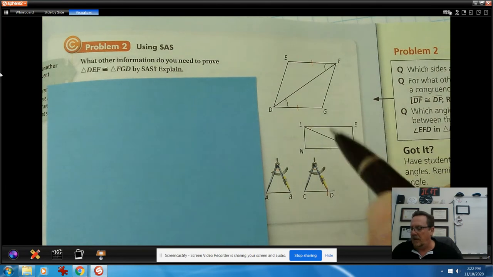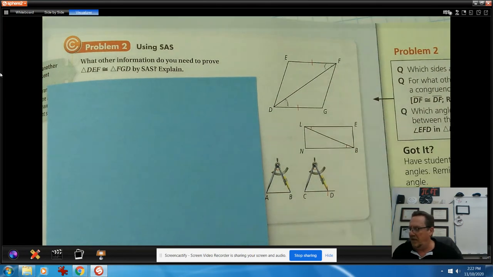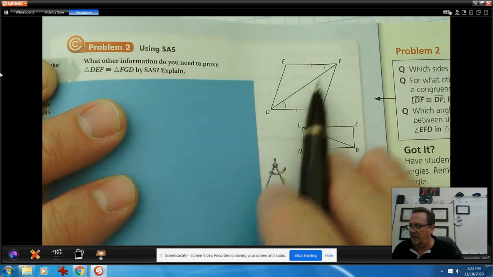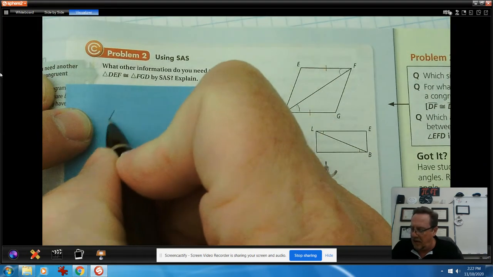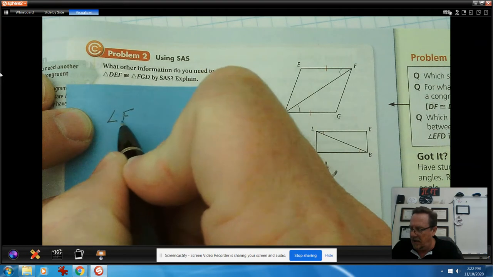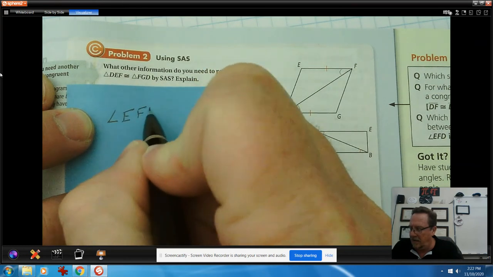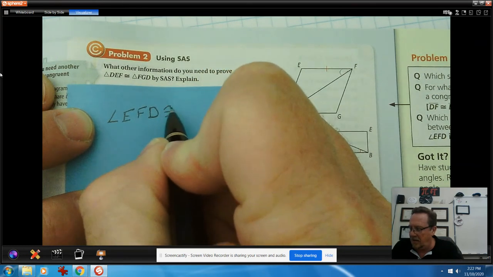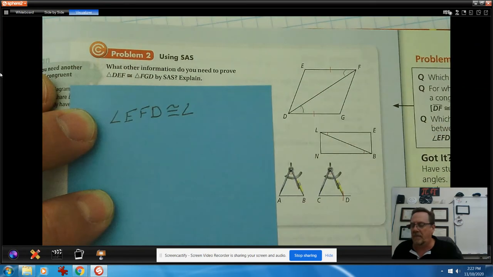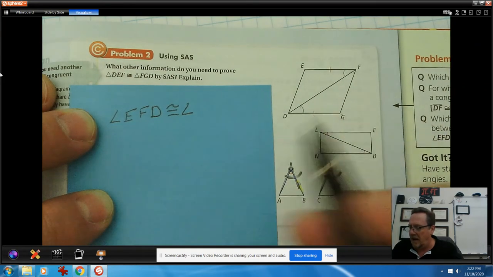And so if I were going to name these angles, this is angle EFD. I would need to know that angle EFD is congruent to angle GDF.